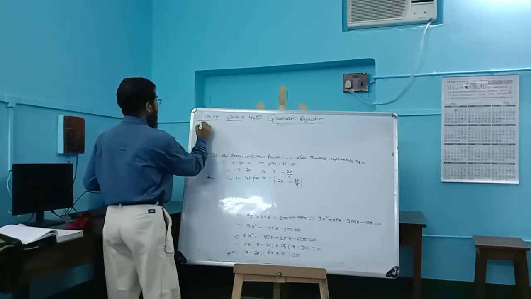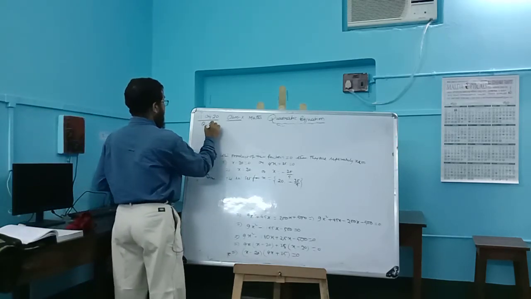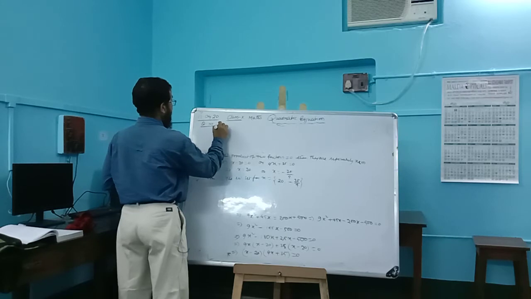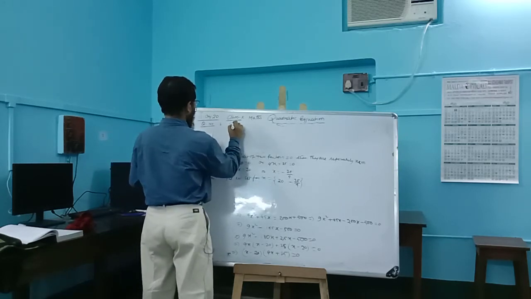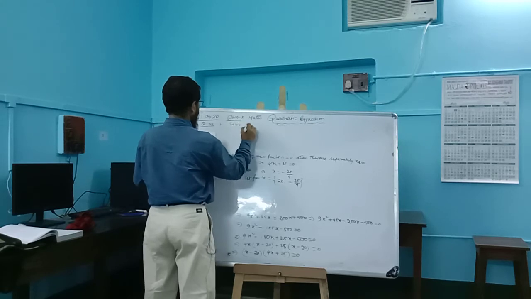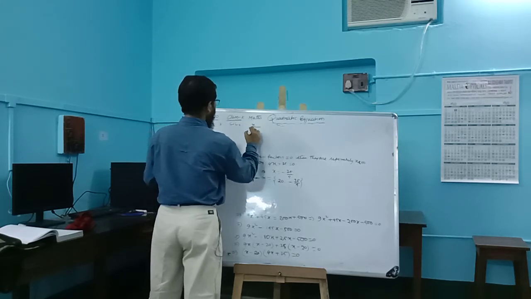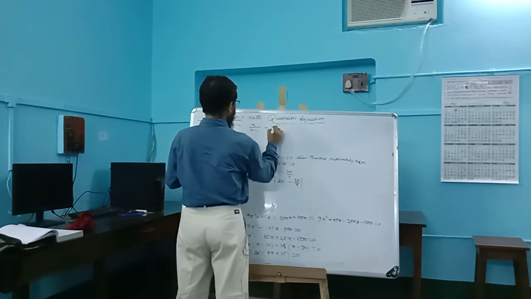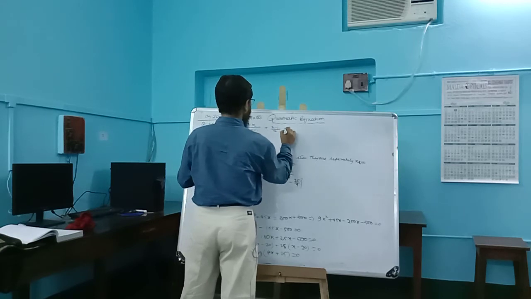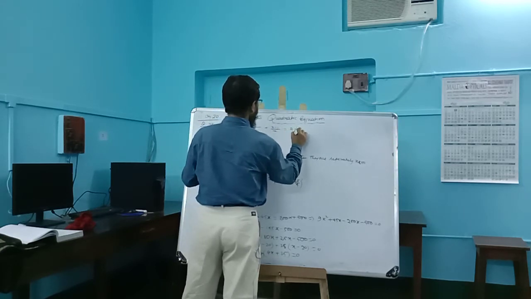Next, question number 3. Solve x/(x − 1) + (x − 1)/x = 41/20.